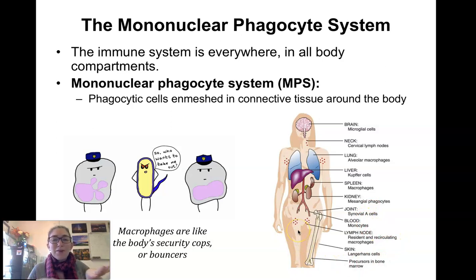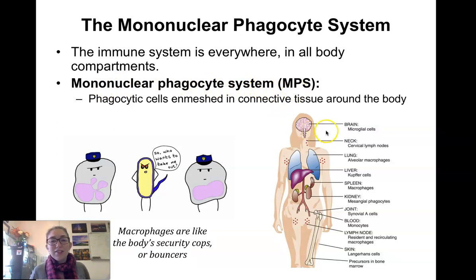All right, but so there's this system within our body. If you look, in the lymphatic system, you've got lymph nodes everywhere. You also have pockets in all of your tissues where you store lots of these phagocytic white blood cells. So this whole system of tissues that all contain these macrophages or phagocytes is called the mononuclear phagocyte system, or the MPS.